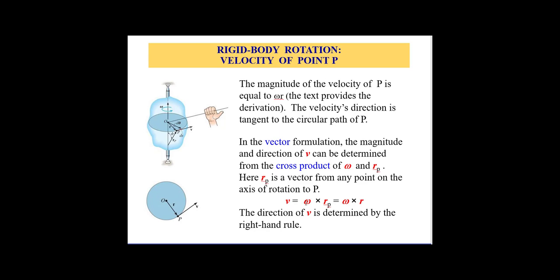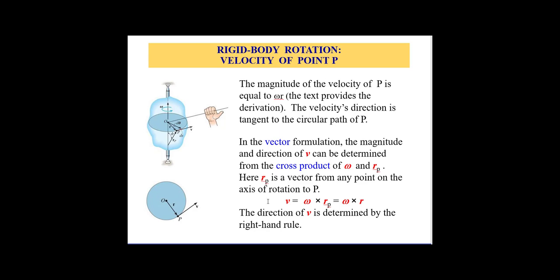Using the chain rule, it is d omega over dt cross r_P plus omega cross dr_P over dt. That's when you distribute the derivative.